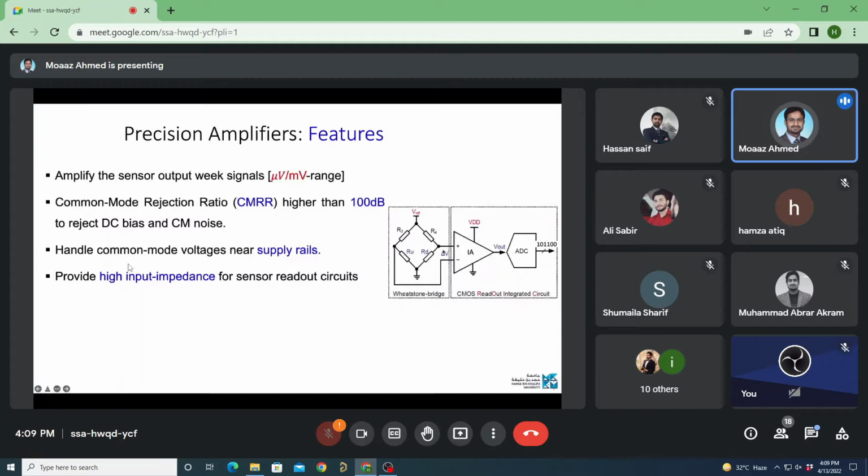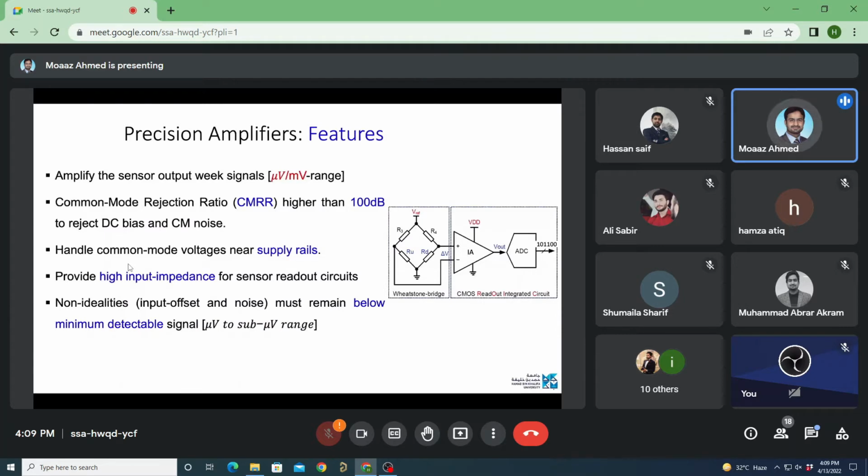The input offset and the noise must remain below a minimum detectable signal level. And we have to achieve all these characteristics while minimizing the power consumption, because most often these precision amplifiers are deployed in portable applications where we have only limited battery supplies.